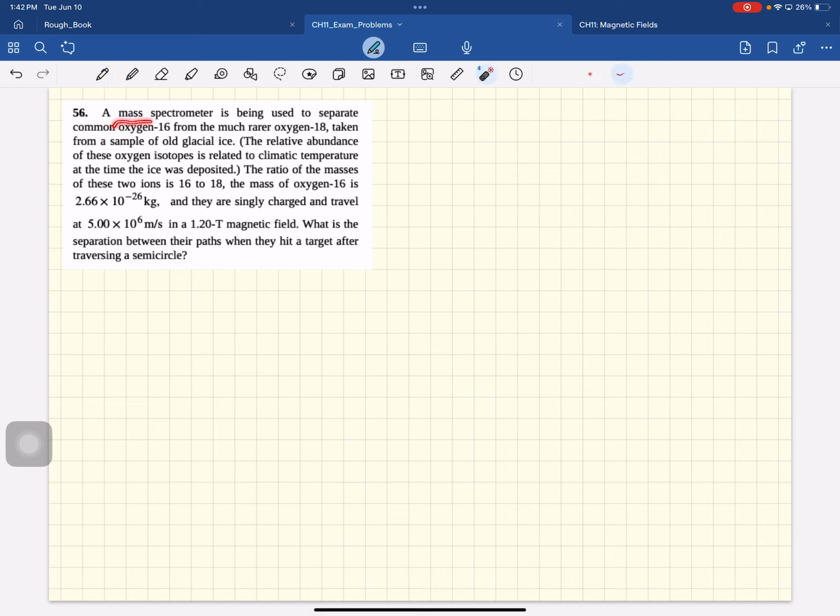A mass spectrometer is being used to separate common oxygen 16 from much rarer oxygen 18, taken from a sample of old glacial ice. The relative abundance of these oxygen isotopes is related to climatic temperature at the time the ice was deposited.